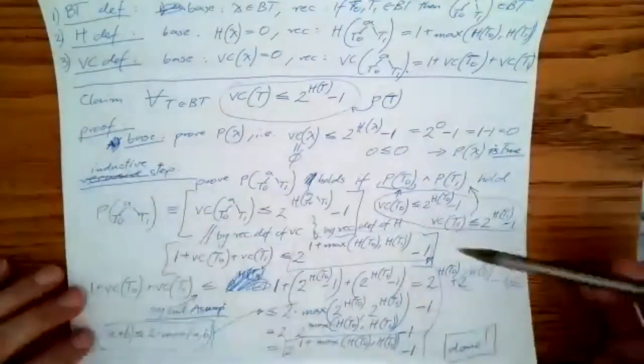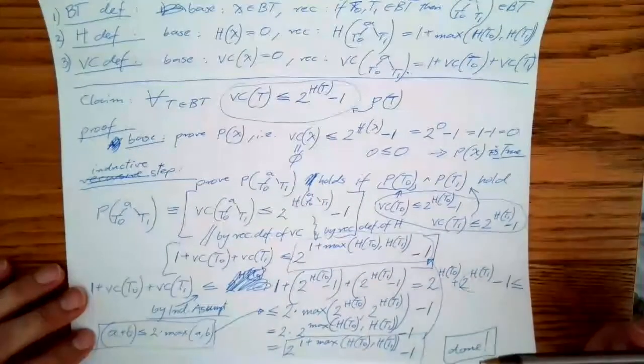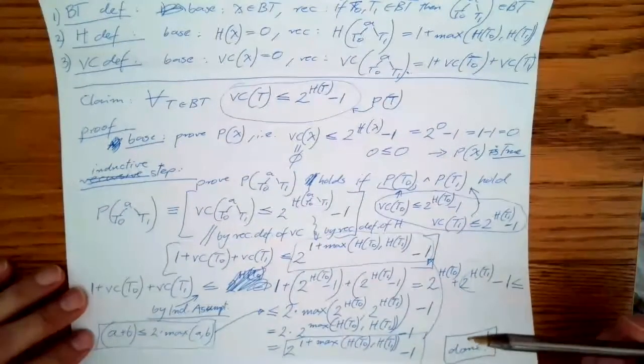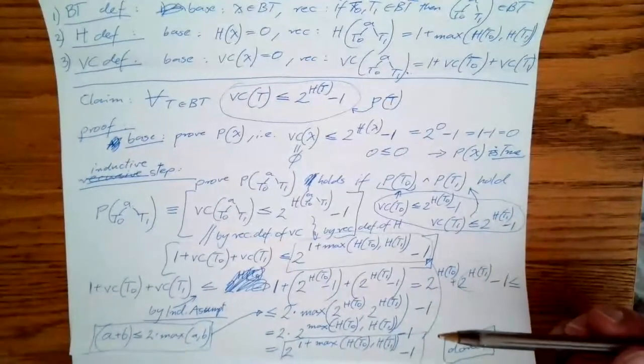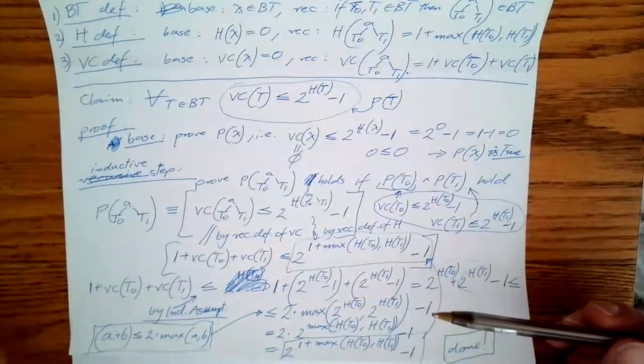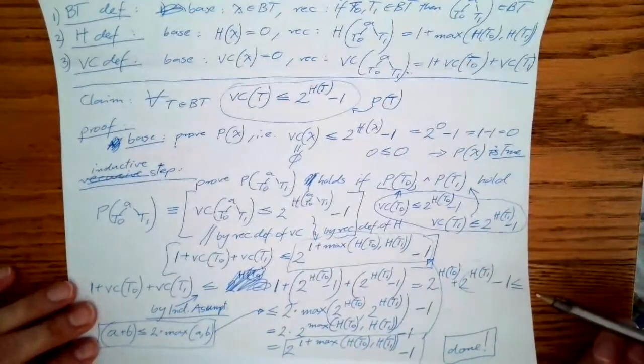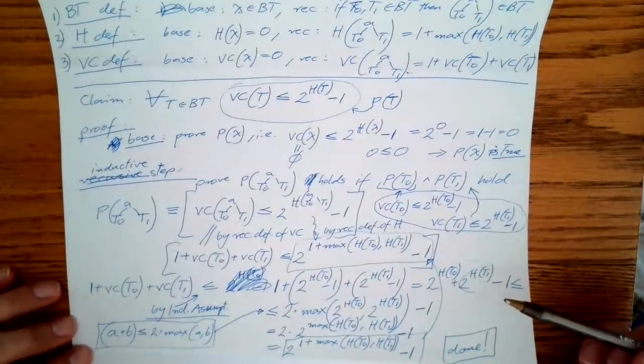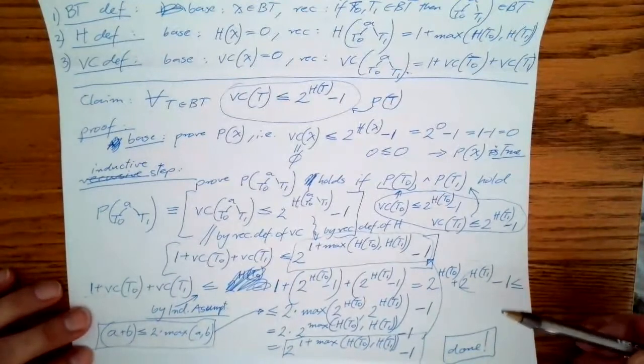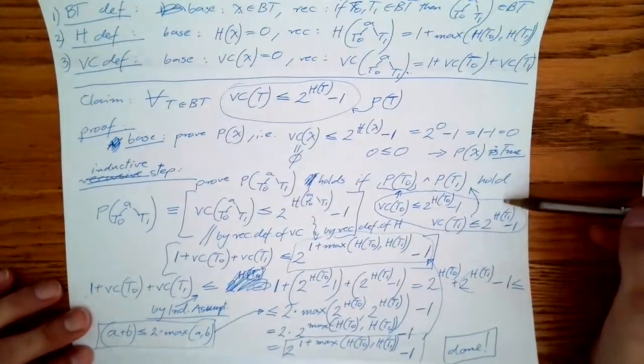Are there other questions I can help you with on this? If you got lost in this proof, you can ask. Professor? Yeah. So you stated the inductive assumption towards the right where you circled VC of T0 is less than or equal.